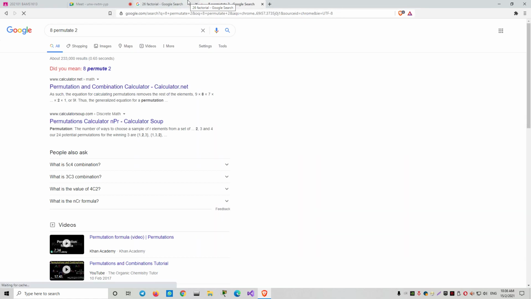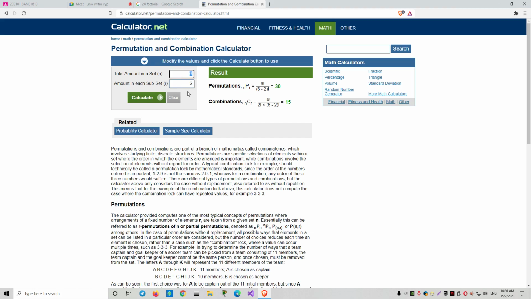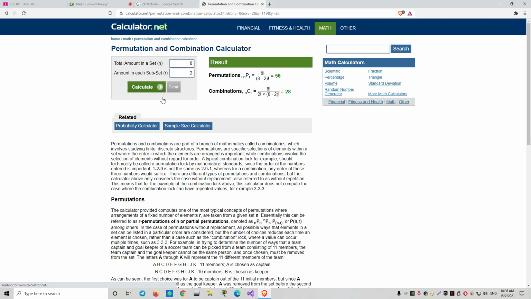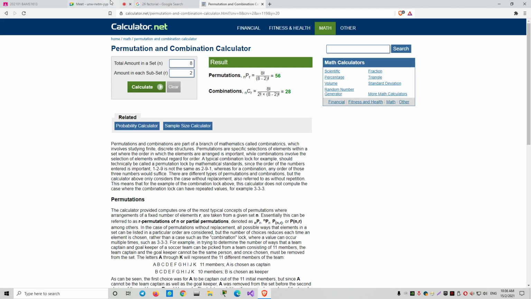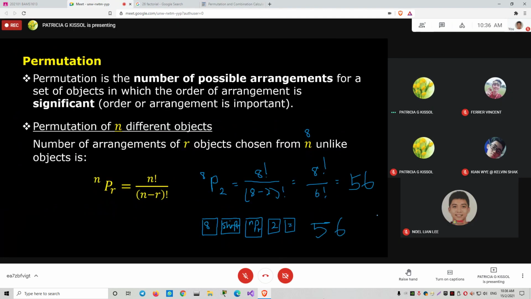You can use the calculator to get the answer very quickly, or you can use the formula, n factorial divided by n minus r factorial. If you use the factorial symbol to calculate it, you still get the same answer, 56. Or if you use the calculator, you would also get 56.